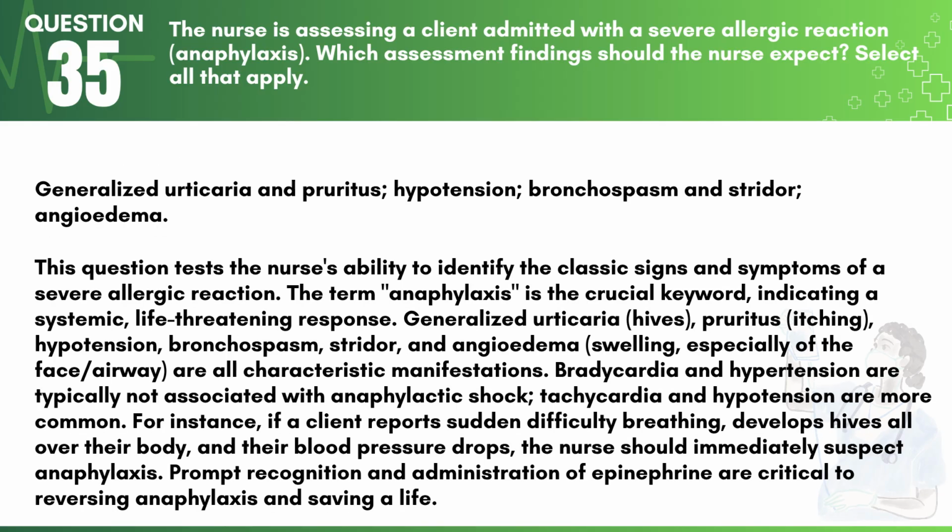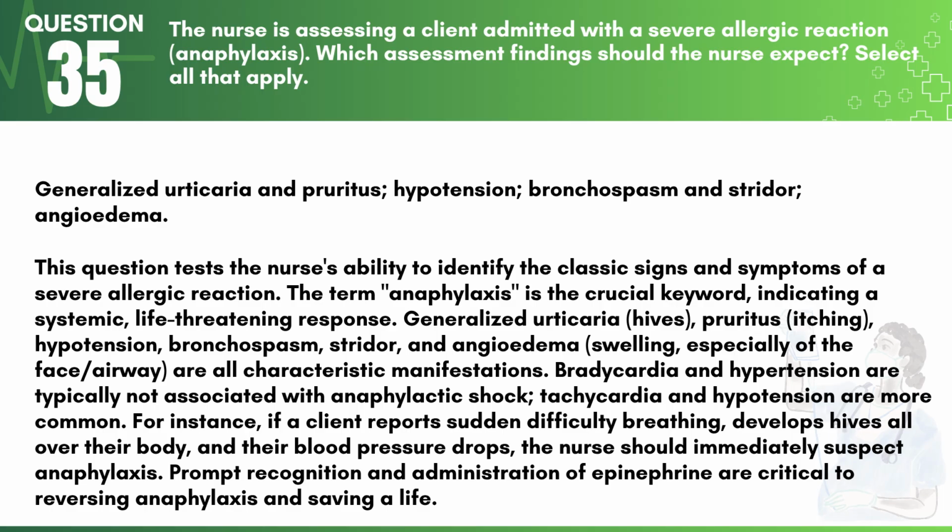Answer. Generalized urticaria and pruritus, hypotension, bronchospasm and stridor, angioedema. This question tests the nurse's ability to identify the classic signs and symptoms of a severe allergic reaction. The term anaphylaxis is the crucial keyword, indicating a systemic, life-threatening response.